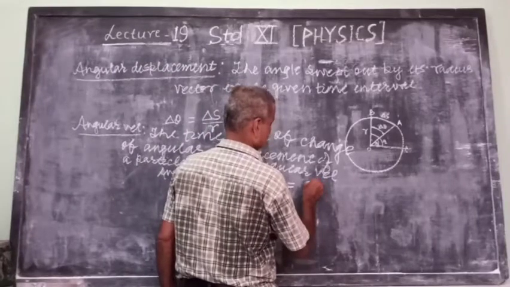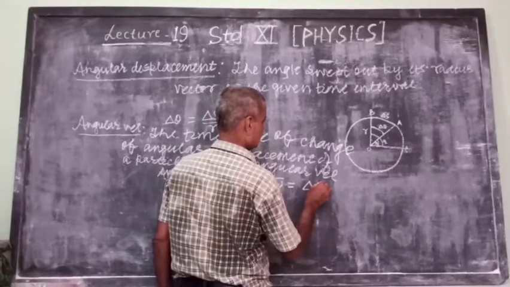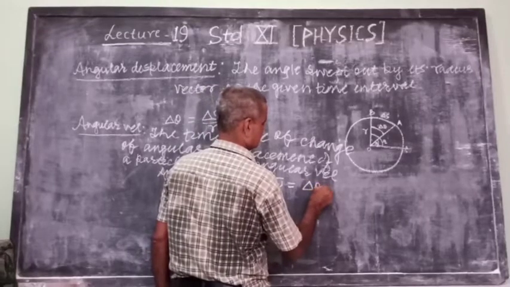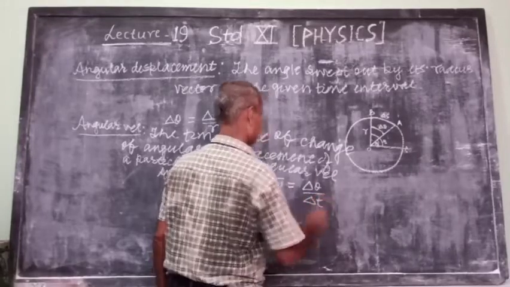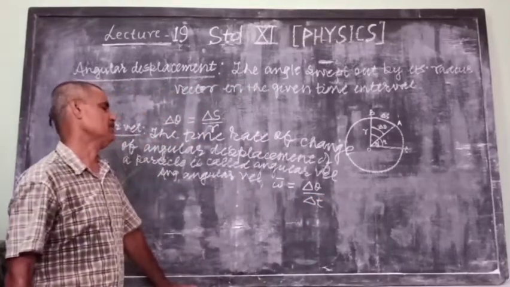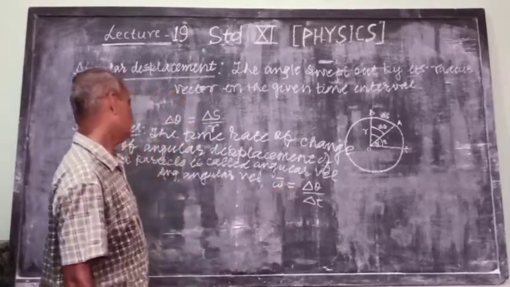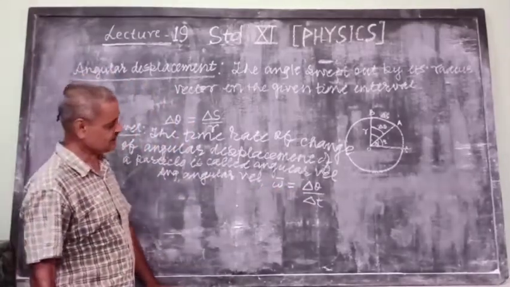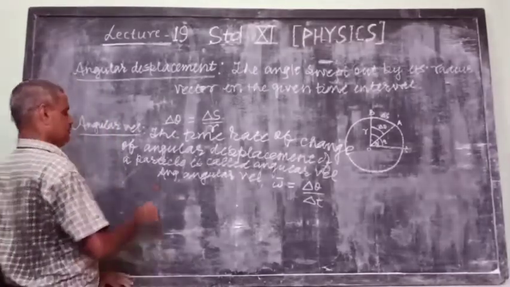Angular displacement, this will be delta theta by delta t. Delta theta by delta t according to definition. This is your average angular velocity.